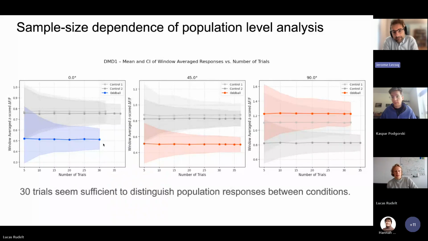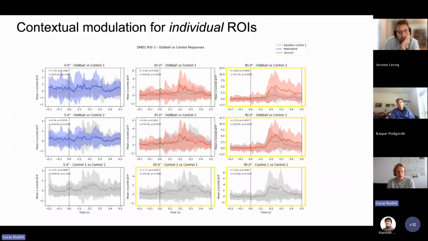So for now, it just means that during this analysis, I have to rely on a number of trials. But let's see how we get on with this. Great, then in future, this should be sorted out.